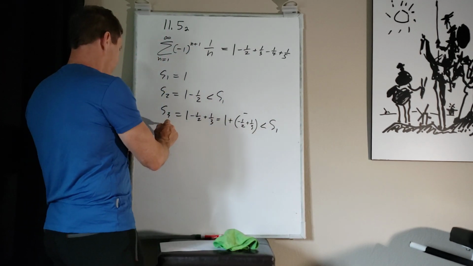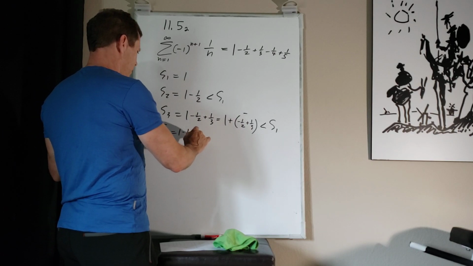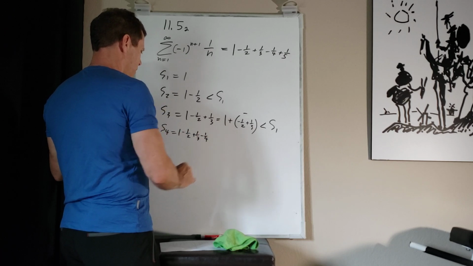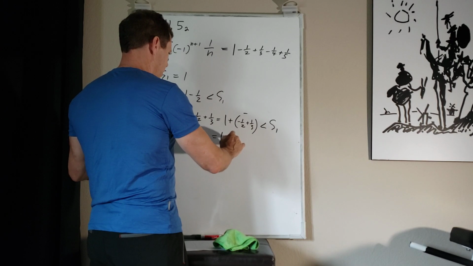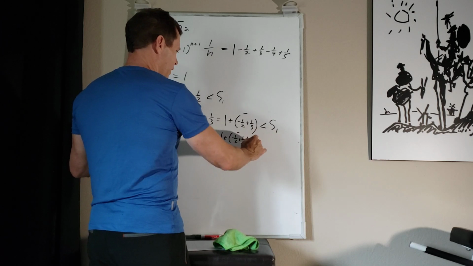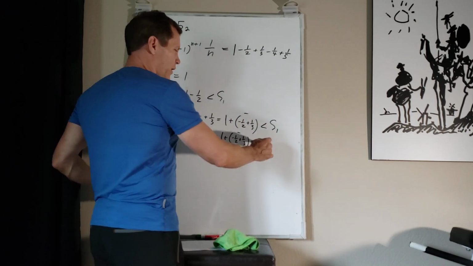What about S4? Well, that's 1 minus a half plus a third minus a fourth. So that's 1 plus a minus half plus a third, which I know is a negative number, and then I added a negative 1/4 to that. Well, I took 1 and took two numbers off of it, so that's smaller than 1.